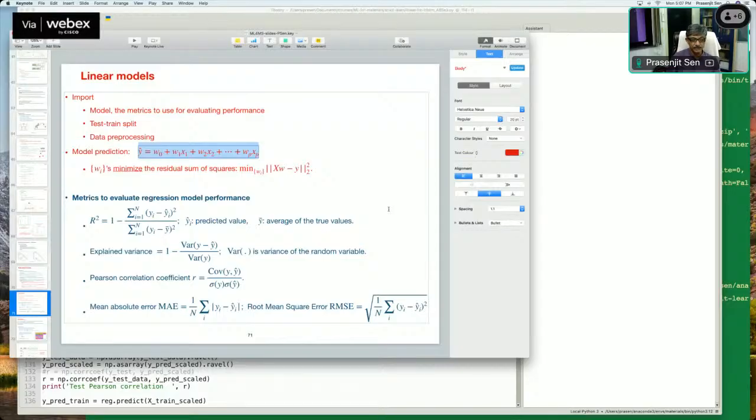And the task is to minimize the set of W's so that the sum of the squares of the residuals, the deviations between the predictions given by Xw and the true values y, is minimum.